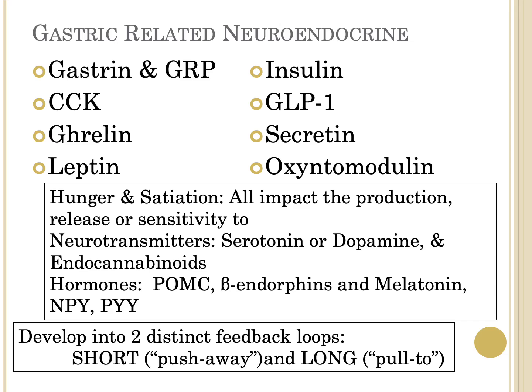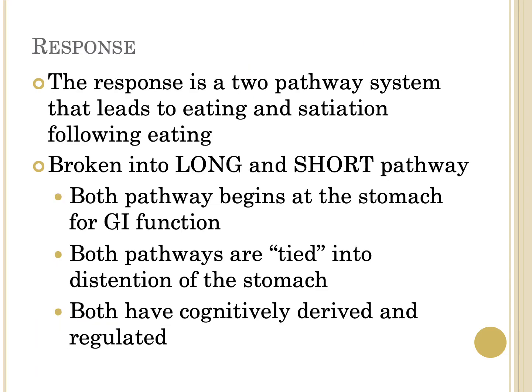However, the overall responses within the two loops is based off of my cognitive understanding of my fuel source availability relative to my energetic demand. If I have a large amount of motility going on within the alimentary canal, my relative energetic demand is low.